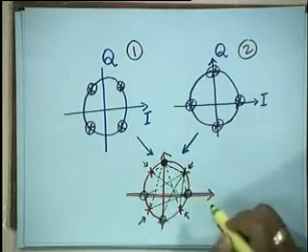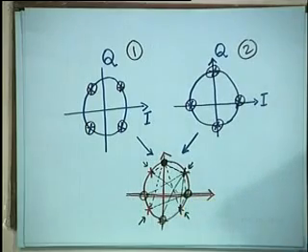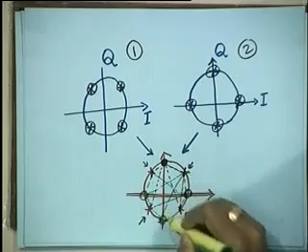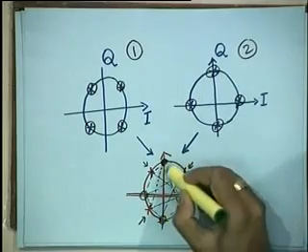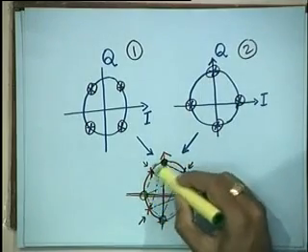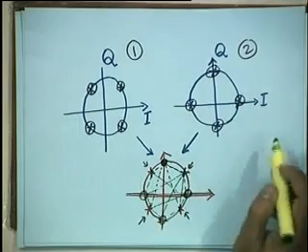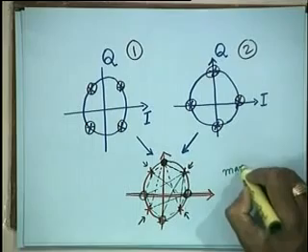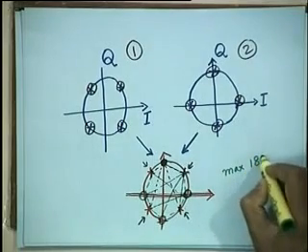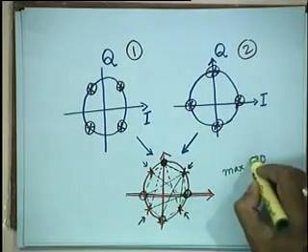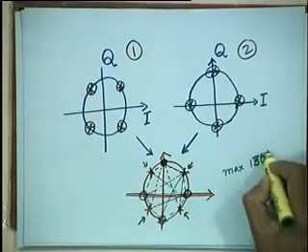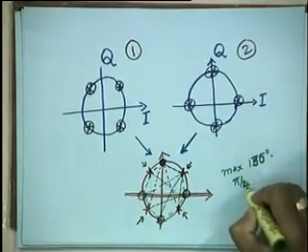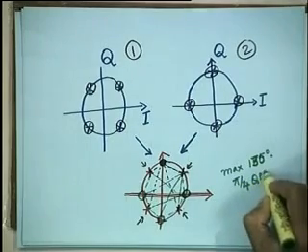Jump here. So the point that is being made is, regardless of whichever symbol point you are, the next transition cannot be 180. It can be maximum 135 degree transition possible for pi by 4 QPSK.